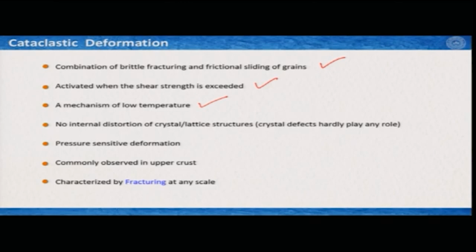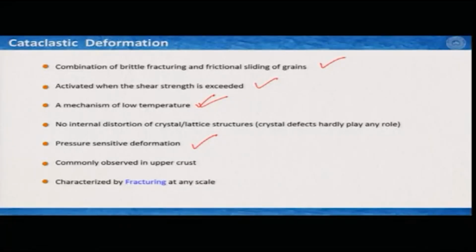So, crystal defects hardly play any role in cataclastic deformation. Grains just fracture, they rotate, they break, they just slip past each other, but internally the crystals do not show any special type of deformation. If that happens, then it is intracrystalline plasticity. We will learn about it in the next lecture.